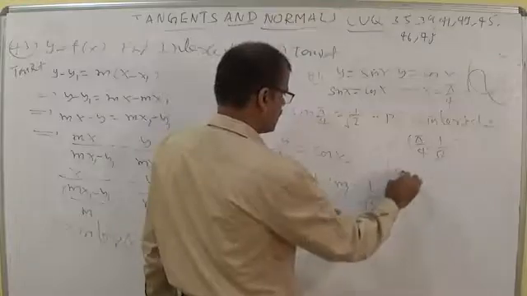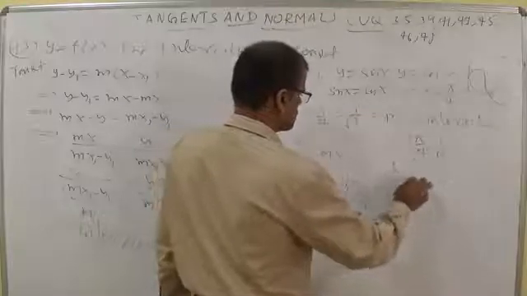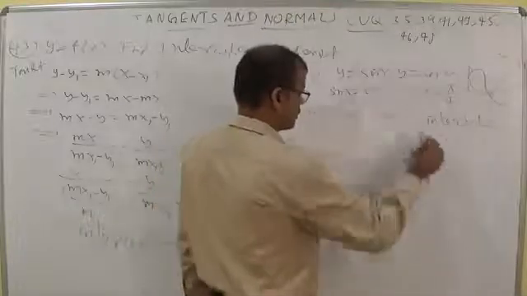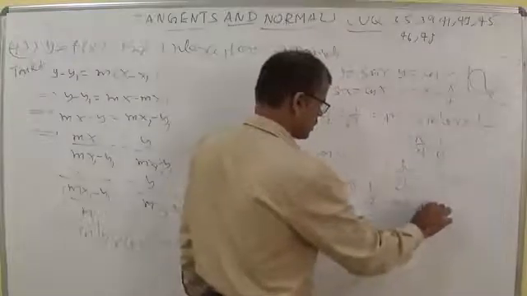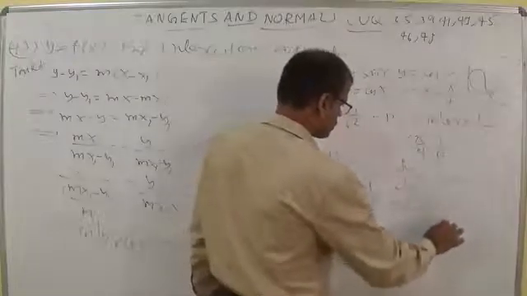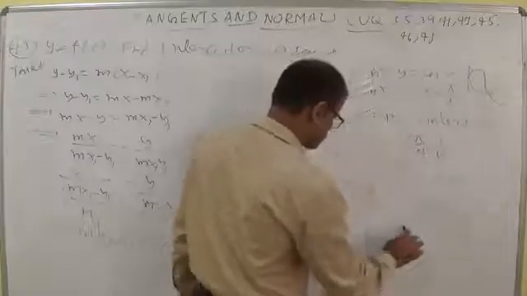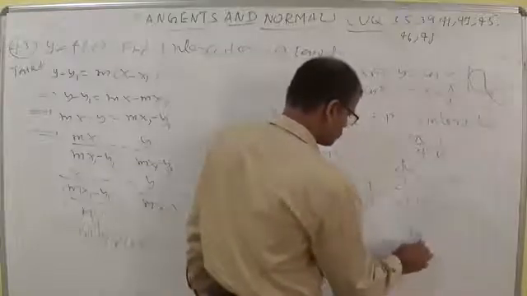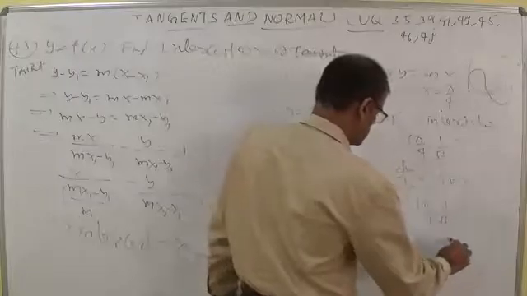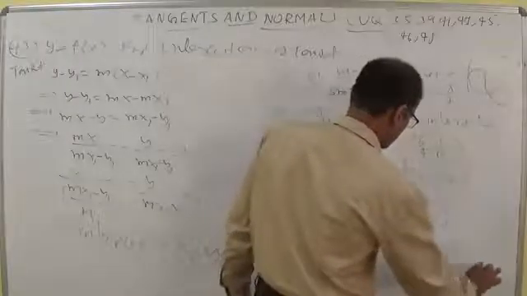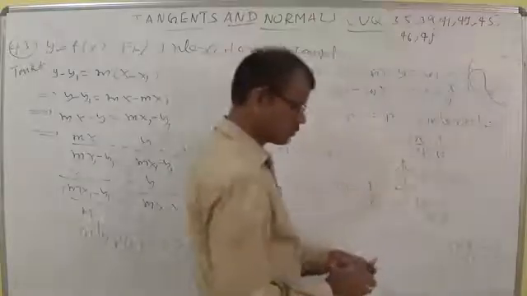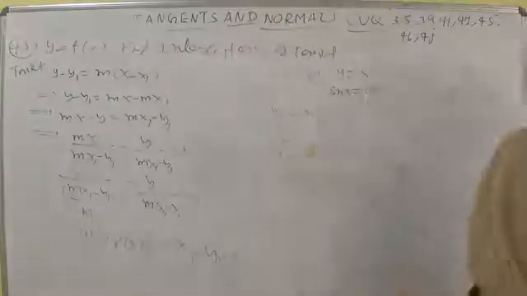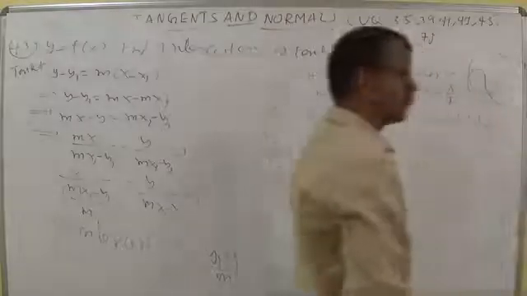1 by root 2. And for the second curve, dy by dx is the derivative of cos x, which is minus sin x, again at (pi by 4, 1 by root 2). So m2, the slope of the second curve, is minus sin pi by 4, whose value is minus 1 by root 2.